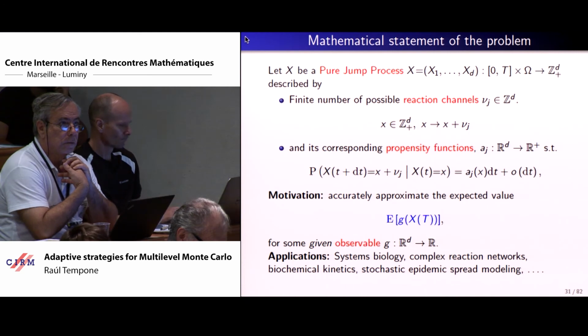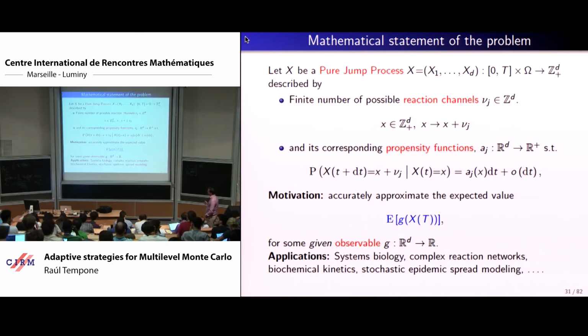Now, when this happens is given by the so-called intensity functions for the jumps, or in this context also called propensity functions. These are non-negative functions, A_J, that are evaluated on the state X and take values in R+. So that the probability of having a reaction of type J in an infinitesimal interval that goes from t to t plus dt, given that you have the state X, is essentially A_J of X times dt.